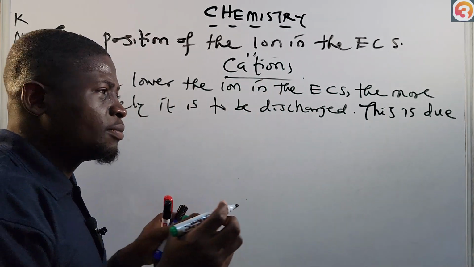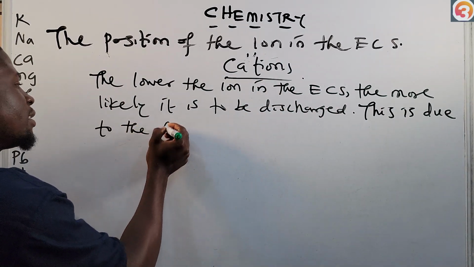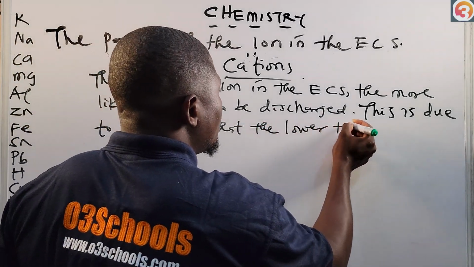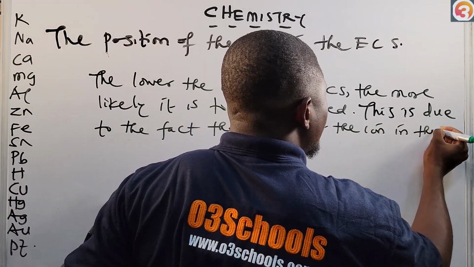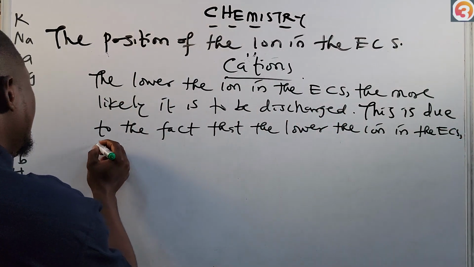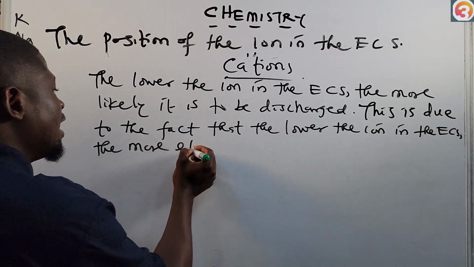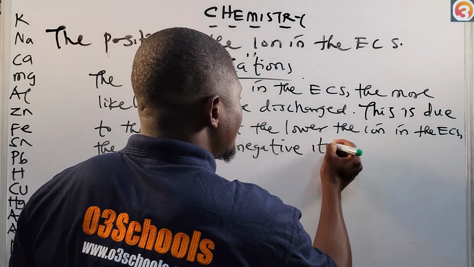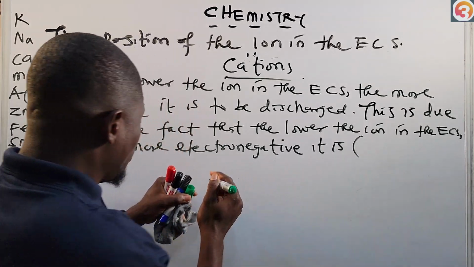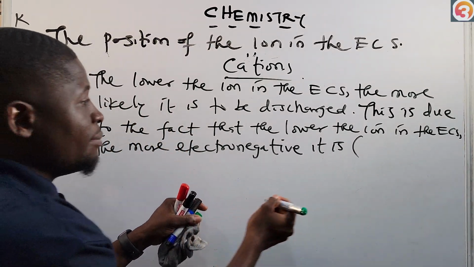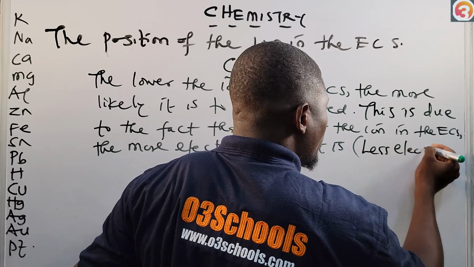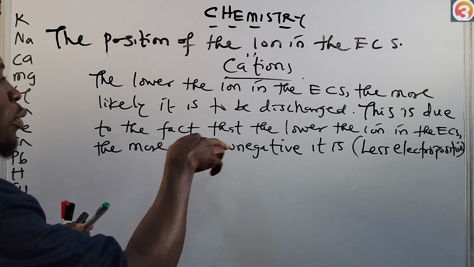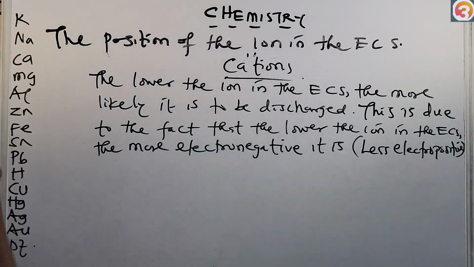For those of you that want to take note, this is due to the fact that the lower the ion in the ECS, the more electronegative it is. If it is more electronegative, that means it's less electropositive. I hope you understand, because sodium is more electronegative than potassium.